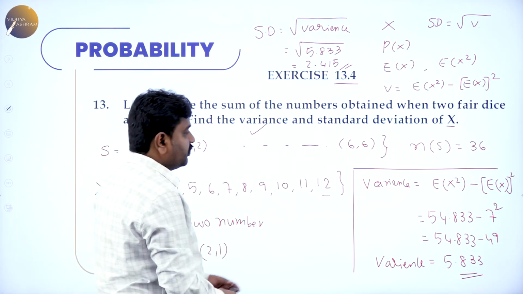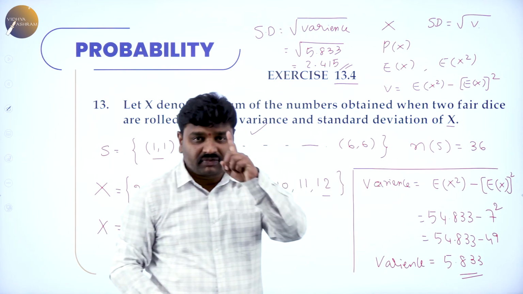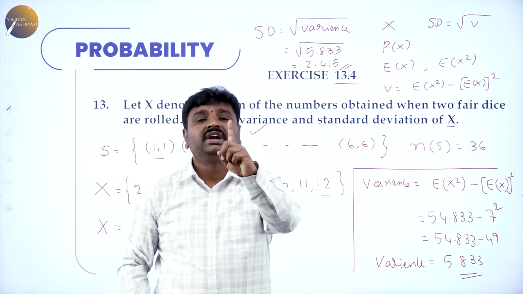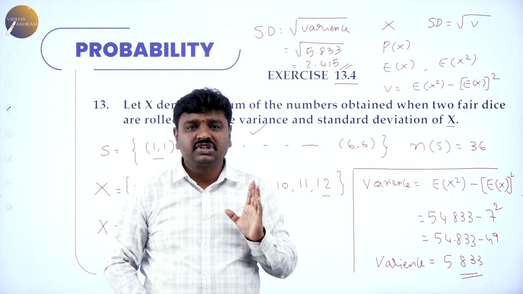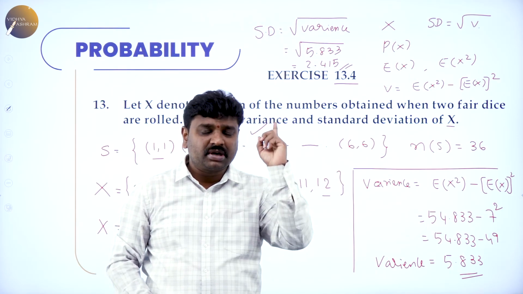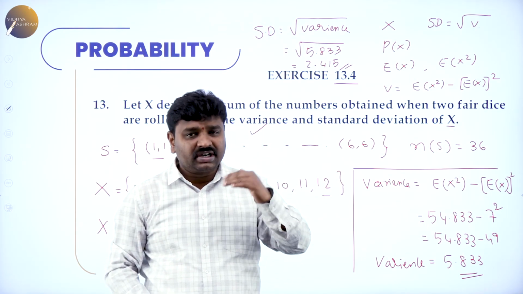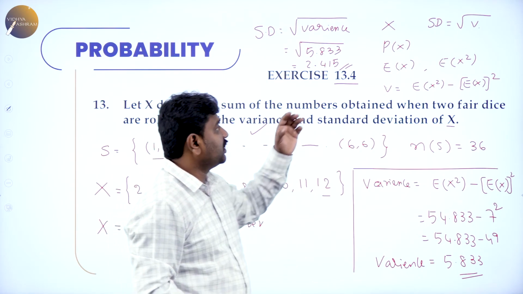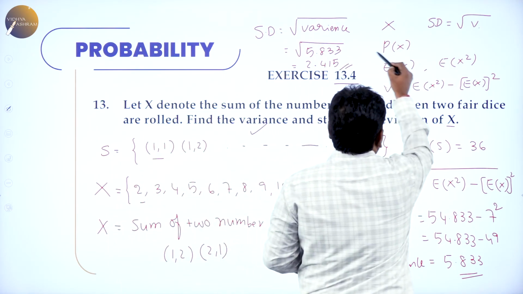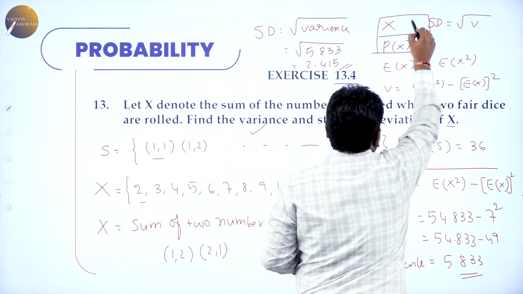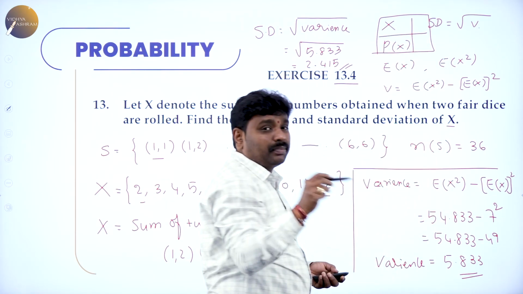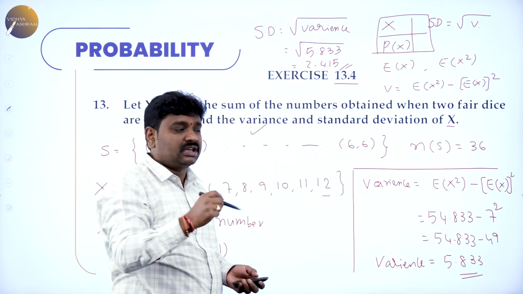Then variance, how to calculate variance? For variance, first you should calculate the probability distribution. What is probability distribution? Probability distribution means a table containing the random variable and its probability, x and p of x. So you construct a table with x and p of x. Then you calculate mean, then calculate variance.